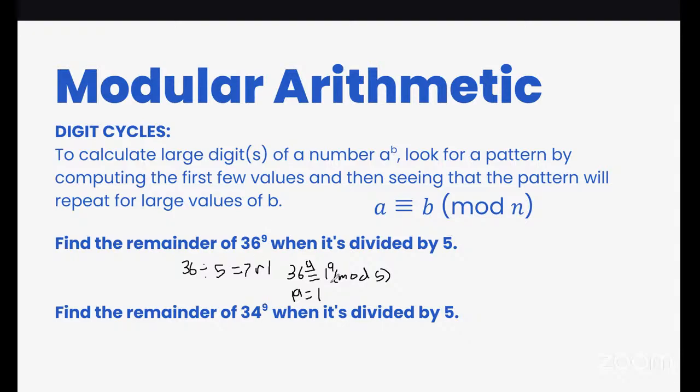Another way to solve it would just be using digit cycles and seeing when it repeats. So you can try doing that with 34 here as well. The only difference here is that it won't be the same when you divide it by 5. So 34 using mod would actually just be -1 mod 5.